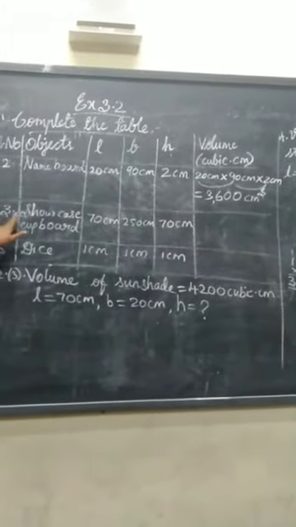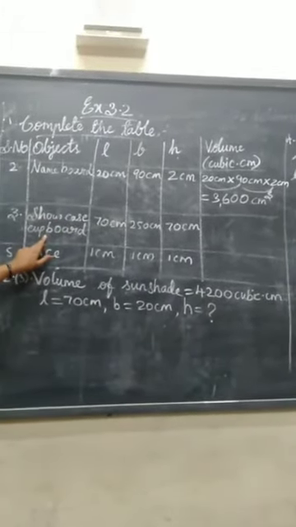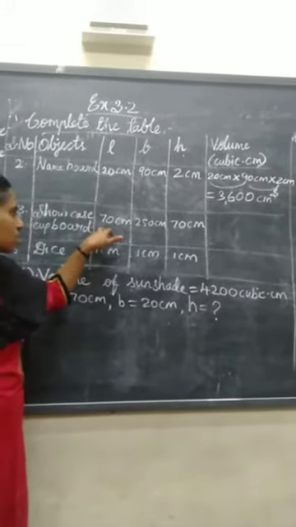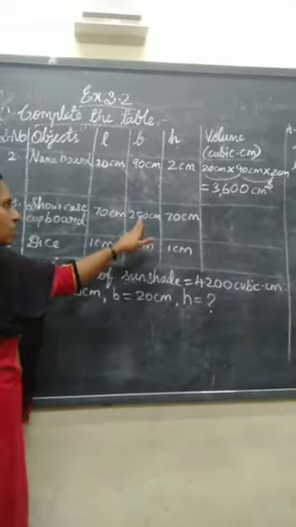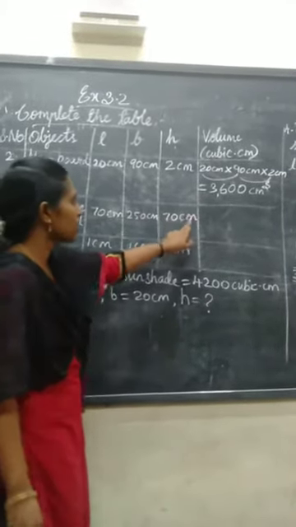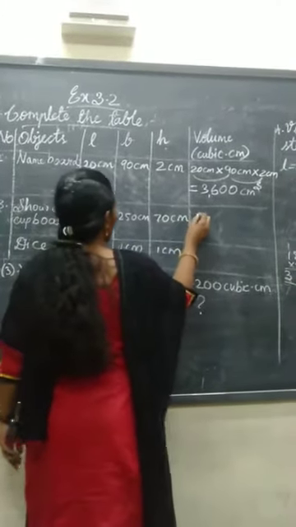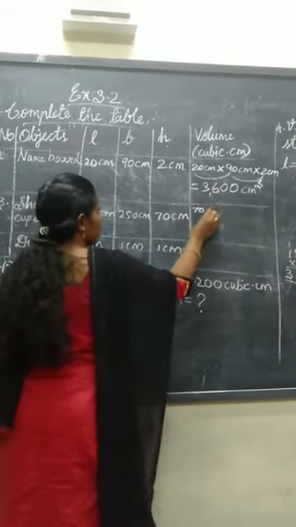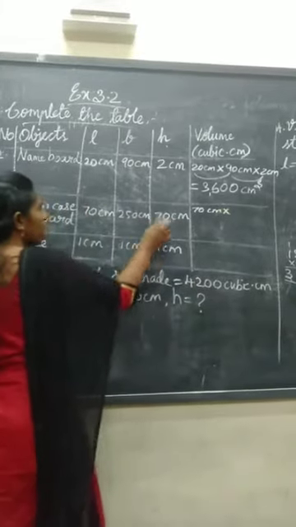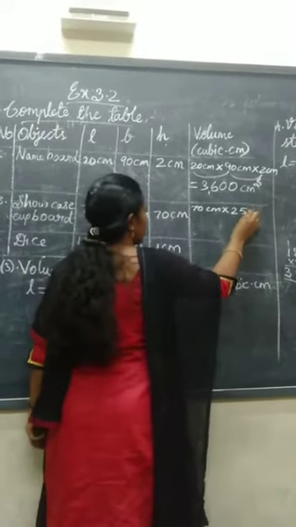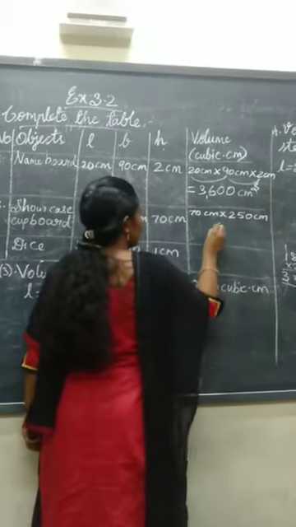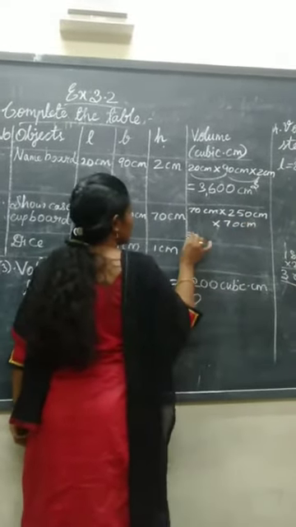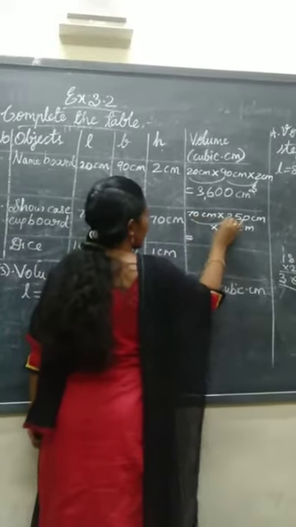Now see the third sum, showcase cupboard. Now we have to find the volume of the showcase cupboard, whose length is 70 centimeter, breadth is 250 centimeter, and the height is 70 centimeter. So in order to find the volume, multiply all the three numbers. 70 centimeter into 250 centimeter into 70 centimeter, which is equal to, see first multiply 70 and 25.